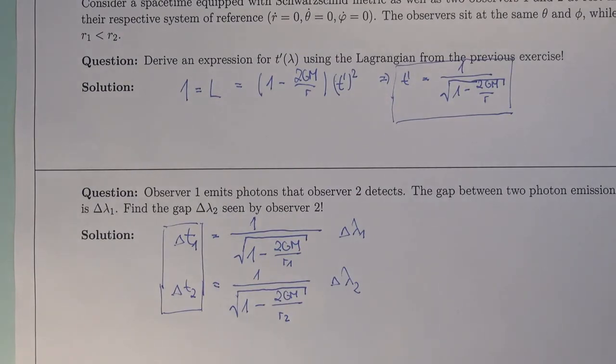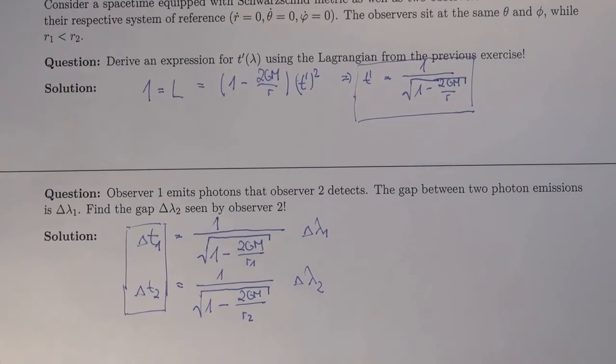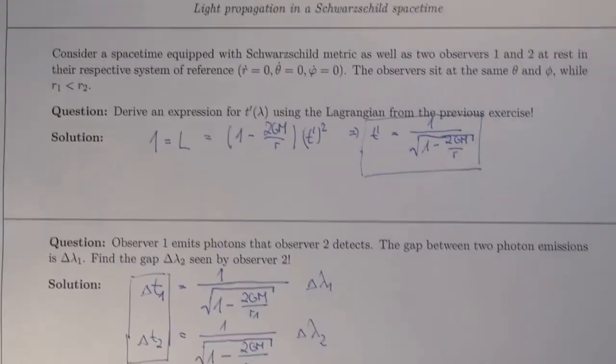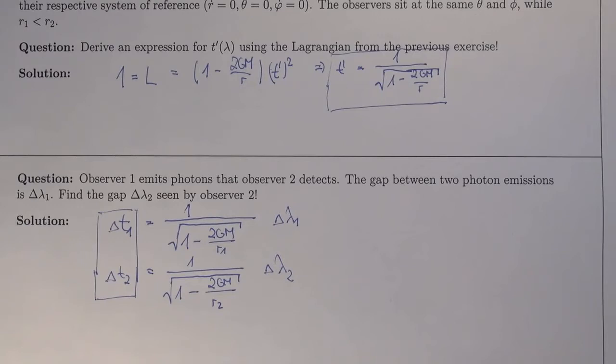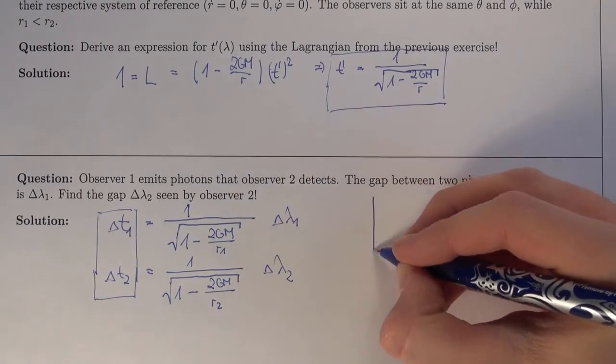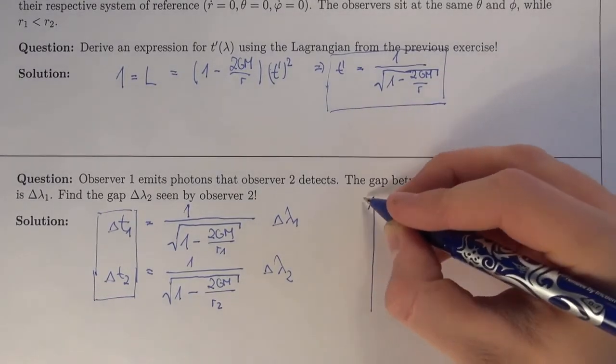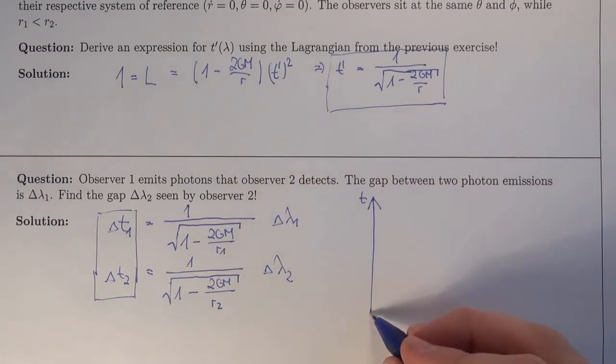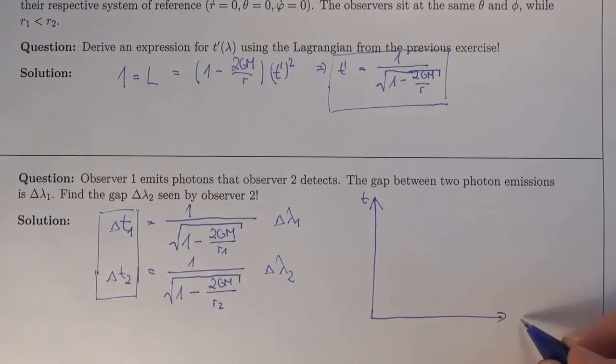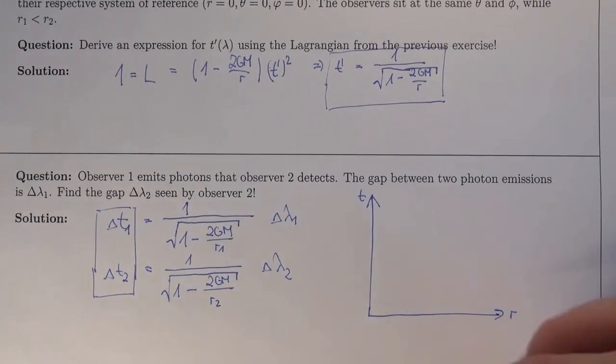Both are distances in coordinate time, and therefore it's best if we draw a spacetime diagram of this whole situation. So up here is the time, and here we say goes the radial coordinate.